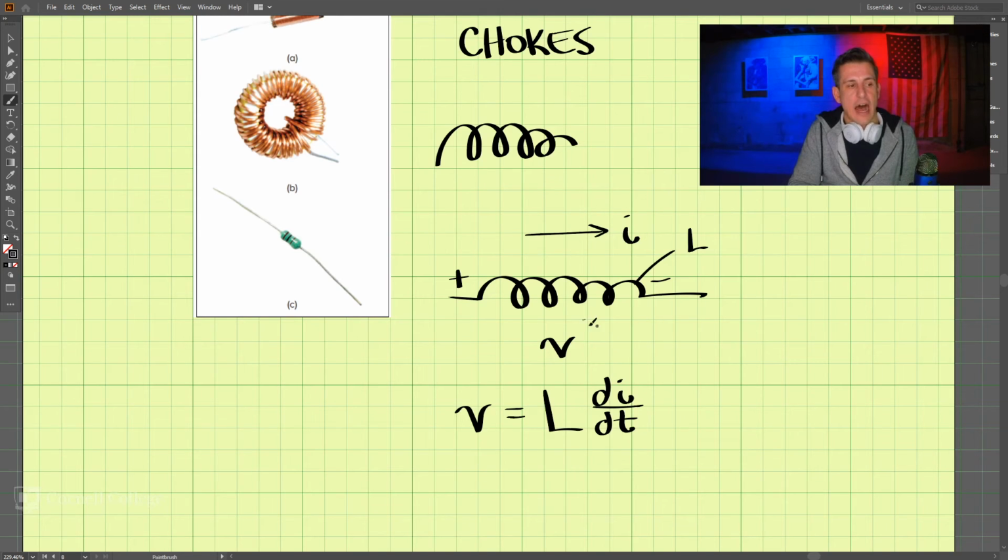So if this is I, this is how it is changing with time. So the voltage varies with the change in current. So we can use this equation.